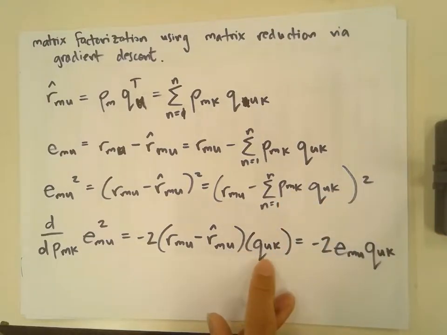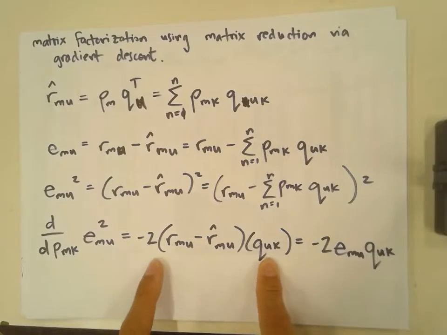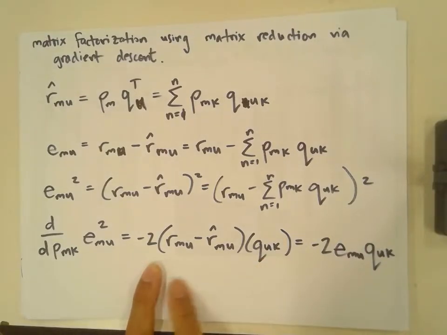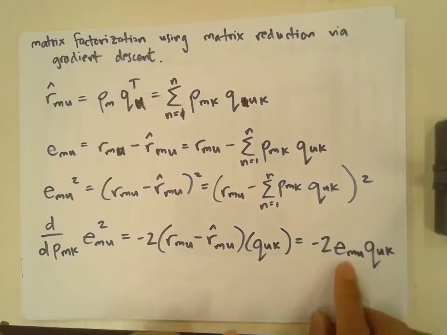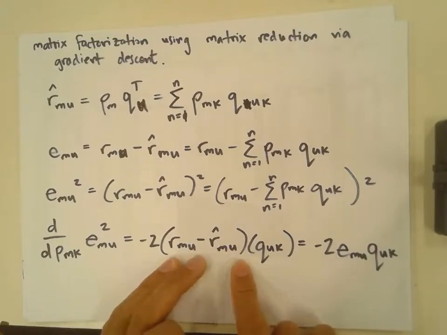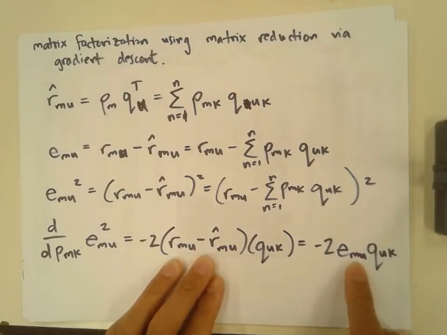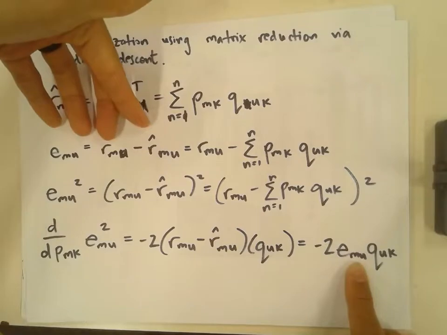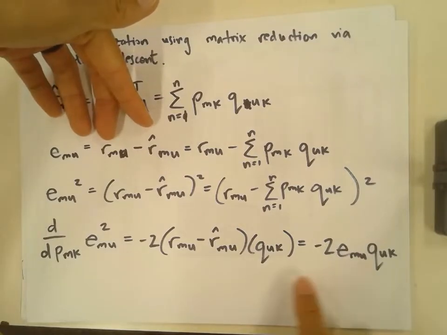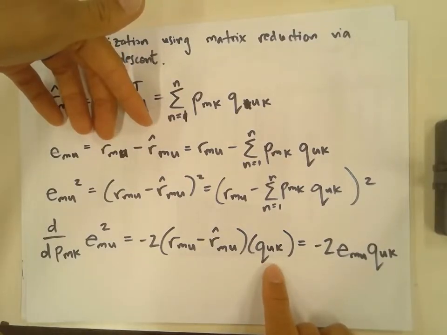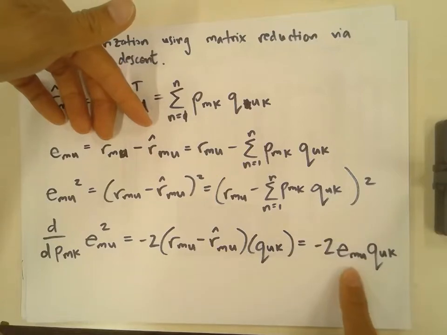We get that negative QUK, pull out the negative sign, and we get this equation here. And then we replace this value here with E of mu, which we can see is equal up 2 steps above, and we get this pretty little equation.